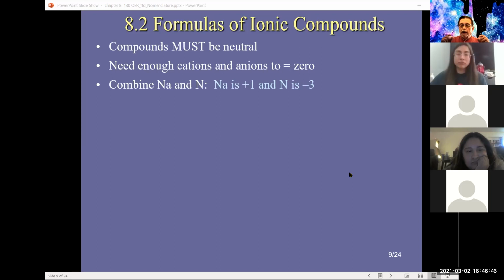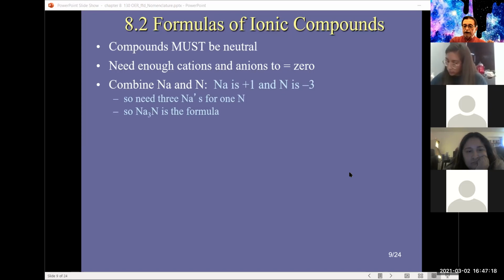So now we know how many of each we need to put together to write a formula, okay? Because we need to add them with enough of each to cancel out. So since sodium is a +1, nitride's a -3, I need 3 sodiums for 1 nitride, okay? And that gives me the formula where 3 becomes a subscript for sodium.